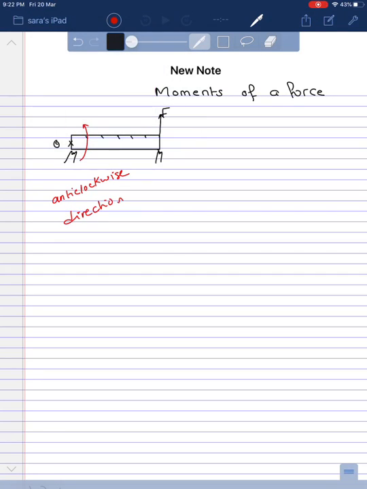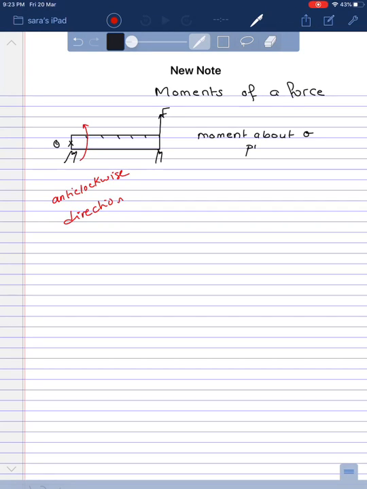So the moment of a force about O, which I can denote as moment about O. Always I need to specify the moment about a fixed point, which in mechanics I call a pivot.